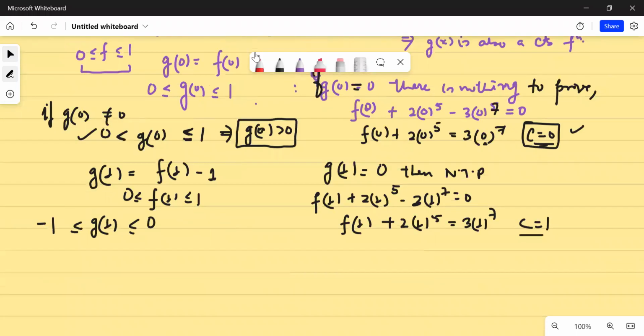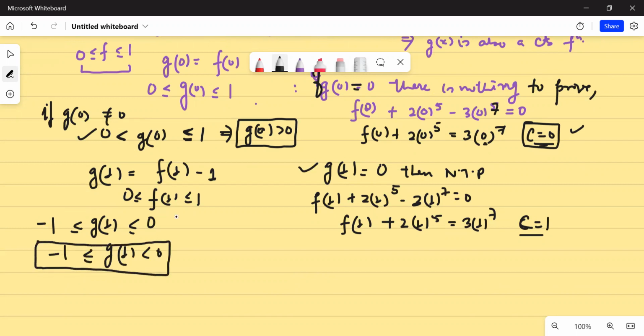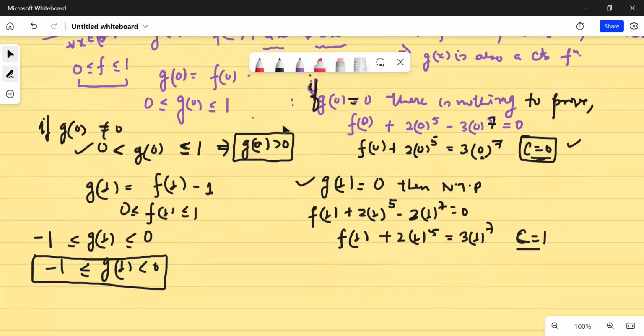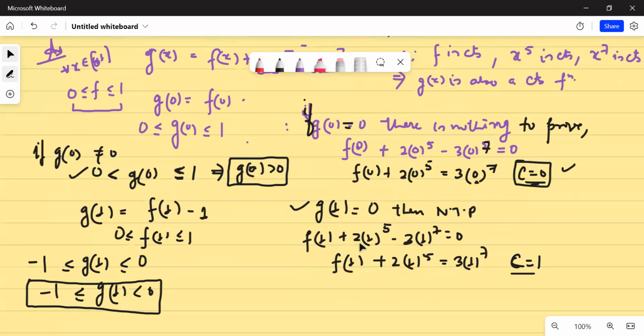But if g(1) is not equal to 0, then it implies what? Then g(1) would lie between 0 and minus 1. If g(1) is equal to 0, then there is nothing to prove, because then the statement that is to be proved is true for c equal to 1.